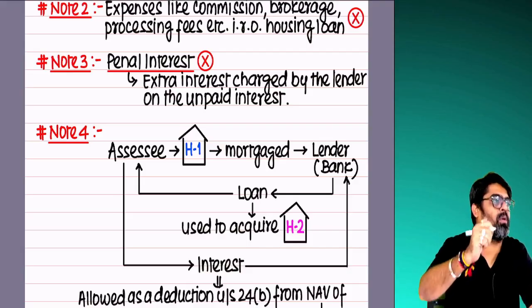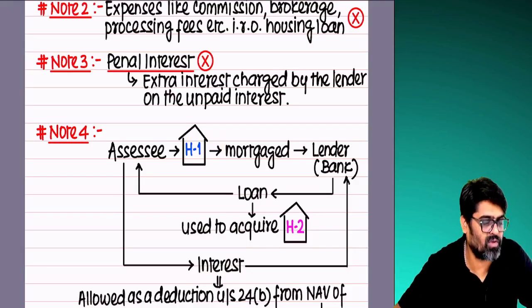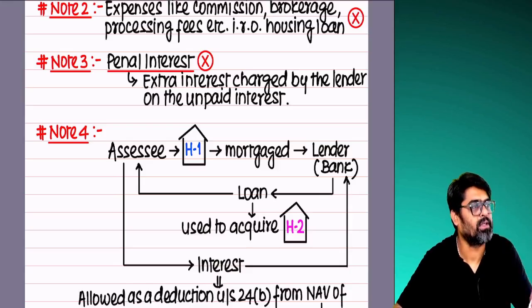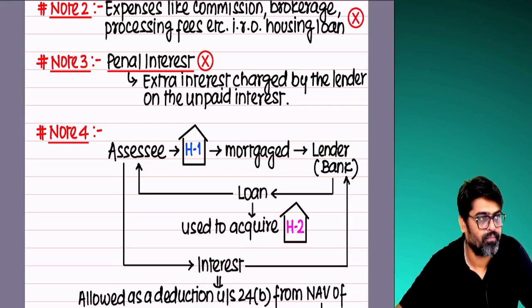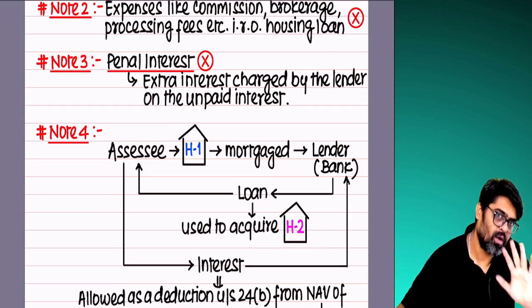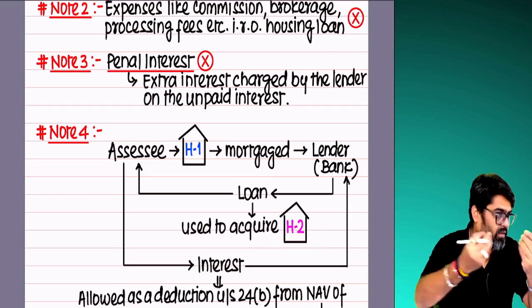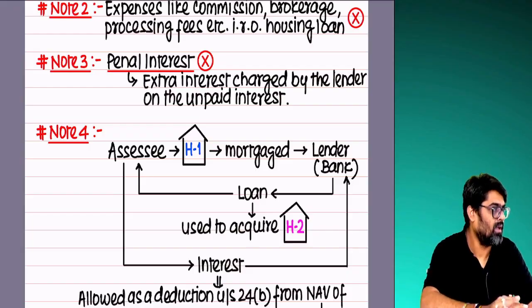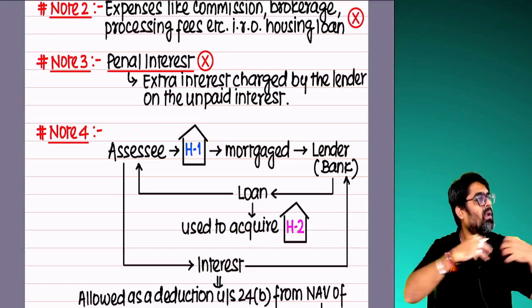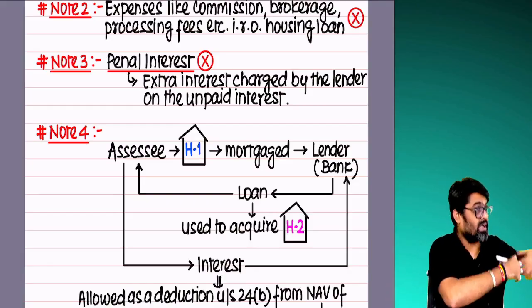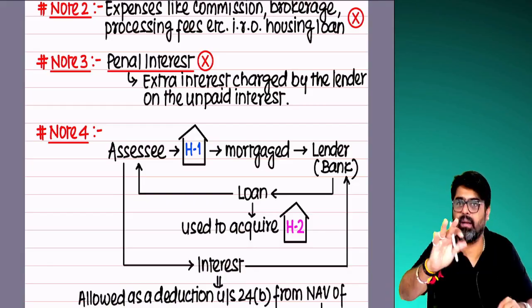So how much was the amount of interest? 5,000. But since you did not pay this interest on time, penal interest of 500 was also charged and 5,500 was recovered. How much deduction are you going to take? Entire 5,500 or only 5,000? That 500 penal interest which you have paid is not interest on the loan. That is interest on interest. That cannot be claimed as a deduction.